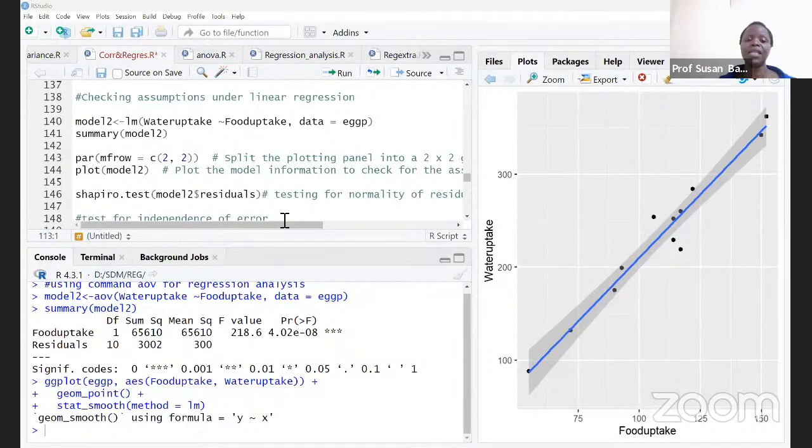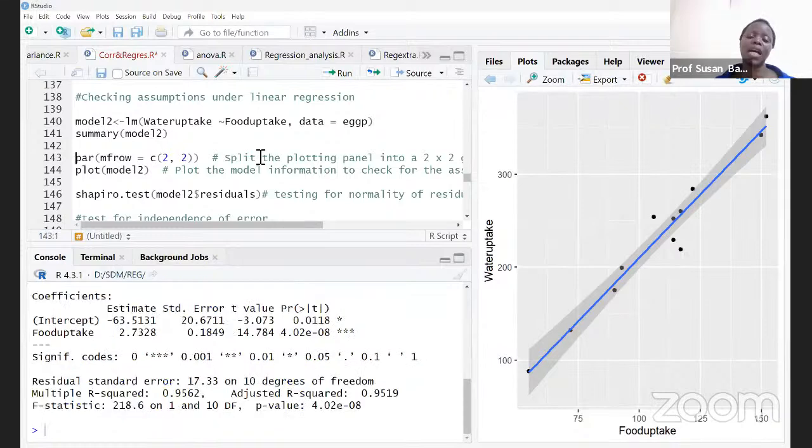Now, the second part, we are instructing R to divide the graphical panel in a 2x2, 2 columns and 2 rows. So please run line 143. Is everybody at the same pace with me? Ladies and gentlemen, are we okay?